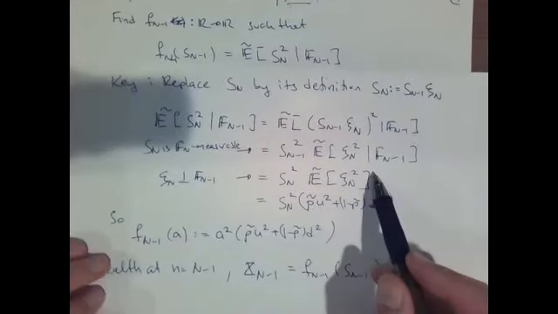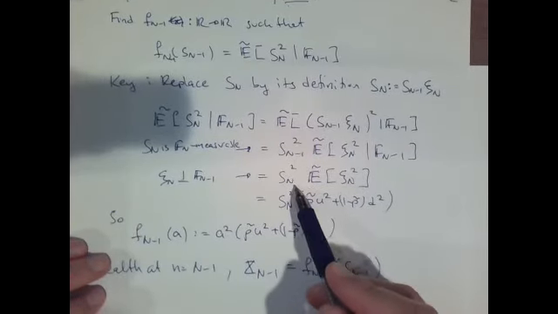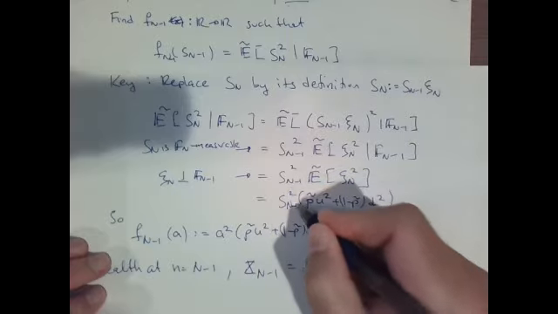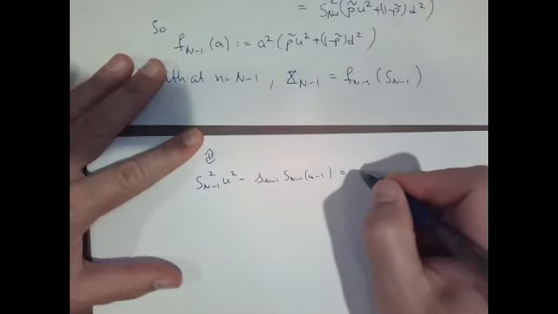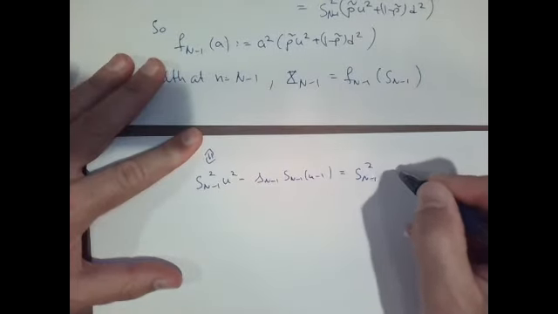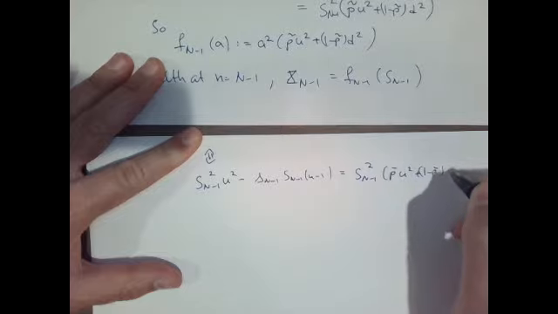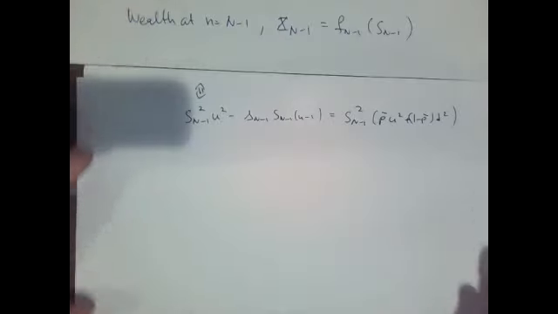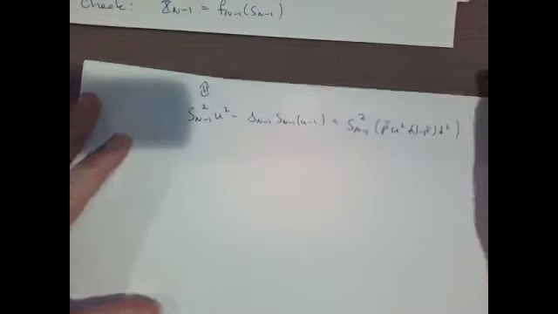There's a typo here, right? Here there's n minus 1, there's a minus 1 missing here and a minus 1 missing here. The formula comes over here as Sn minus 1 squared p tilde u squared plus 1 minus p tilde d squared. So we have to just make sure we didn't make a mistake. Check that this equation is true.